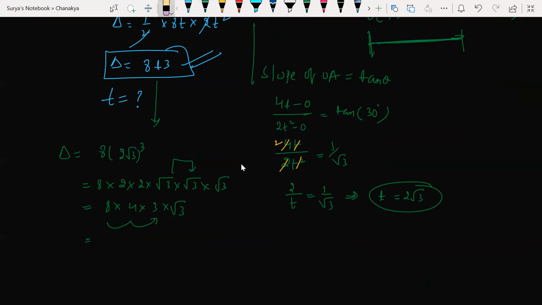Sorry, here 3 twos, beta, I wrote only 2 twos. 2 cube, right? 8 into 2 into 2 into 2. So 8 times 2 is 16, 16 times 2 is 32, 32 into 2 is 64, 64 into 3 is 192 root 3.